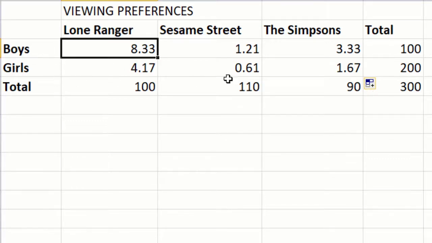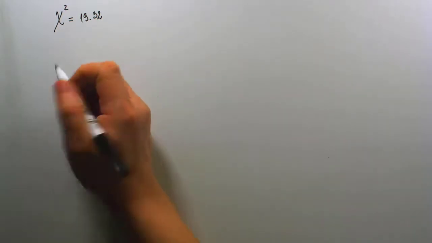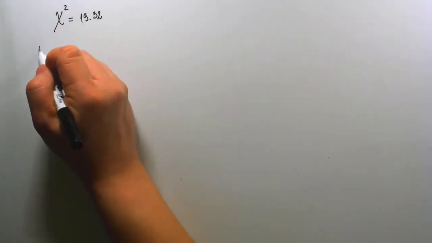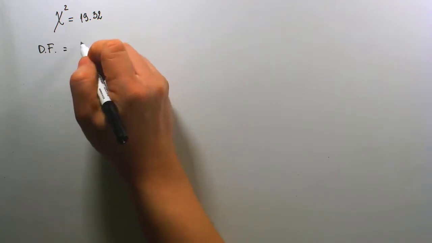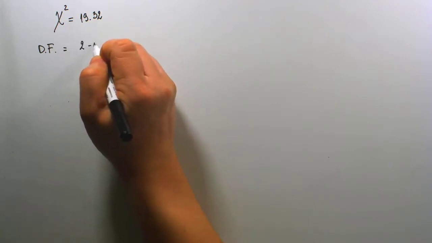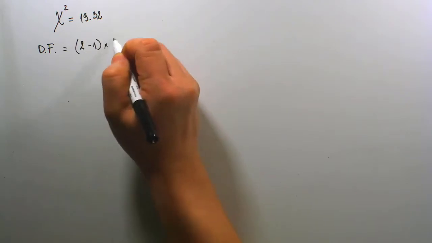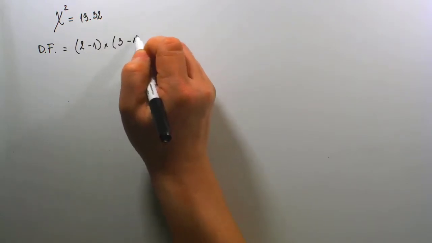So officially speaking, our table only has 3 main columns and 2 main rows for the boys and the girls. So our current two-way table has degrees of freedom of 2 rows minus 1 times 3 columns minus 1.